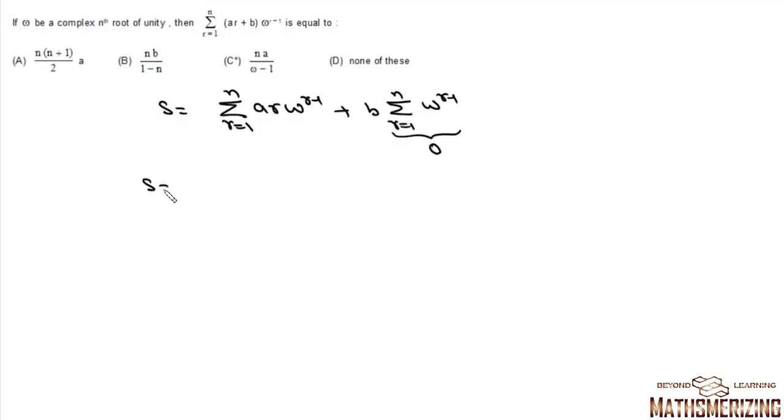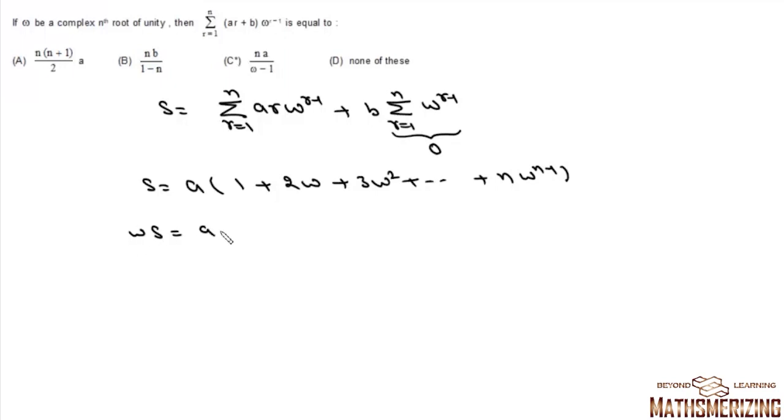We can write this sum as a into, now this is 1 plus 2 omega plus 3 omega square up to n into omega to the power n minus 1. Now what we'll do is, we'll write this series again by displacing one term and then multiplying it with omega.